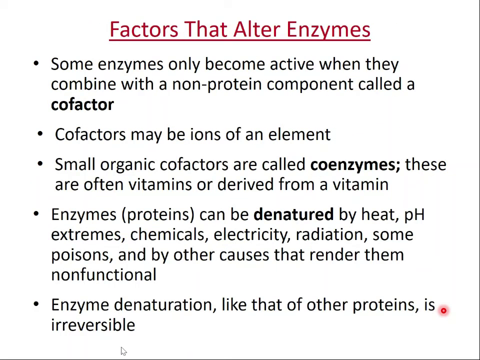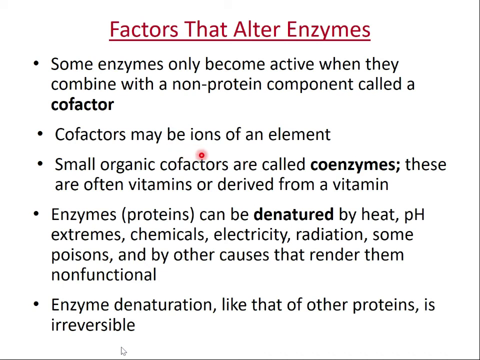When it comes to enzyme activity, we discussed that enzymes are important to control the rate at which reactions happen. Even the direction in which it happens will be determined by enzymatic activity. There are certain factors that can influence enzyme activity. Certain non-protein components that attach to enzymes are known as cofactors.